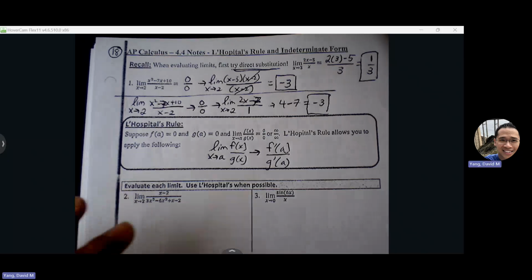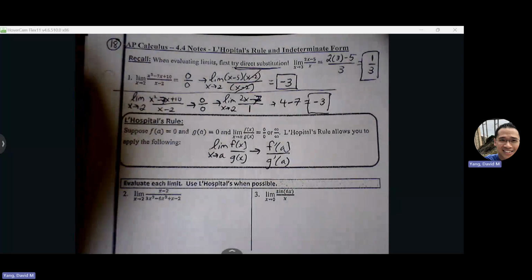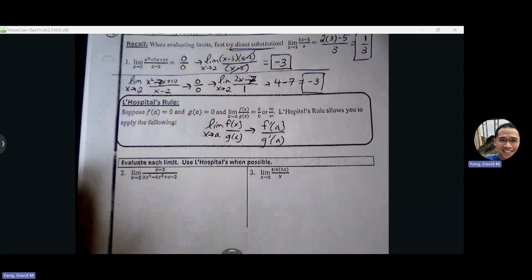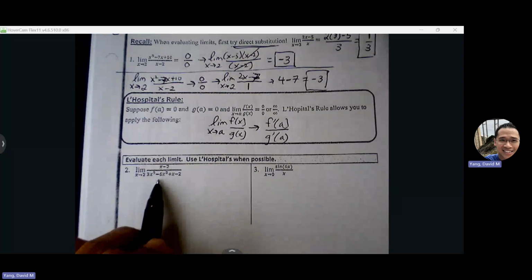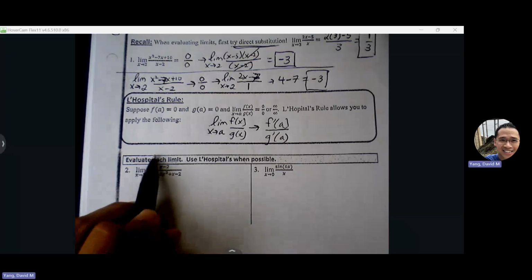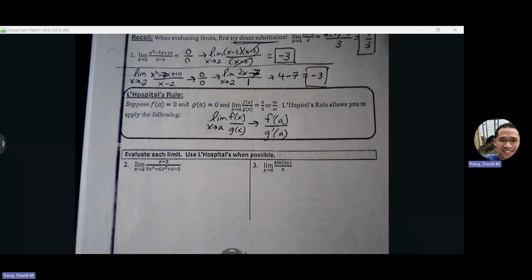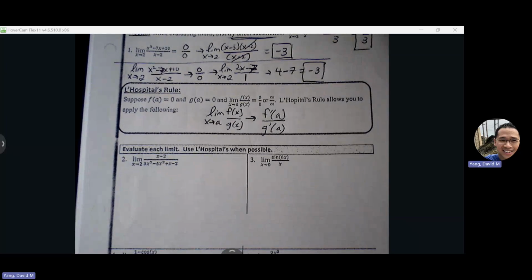Some of these problems we have to skip because we haven't done the trig part of it because we're saving the trig for the end of the semester. But let's just go ahead and try example 2, okay, and see if the steps make sense. So, direct substitution. If you get 0/0, that gives you the green light to do L'Hopital's rule.